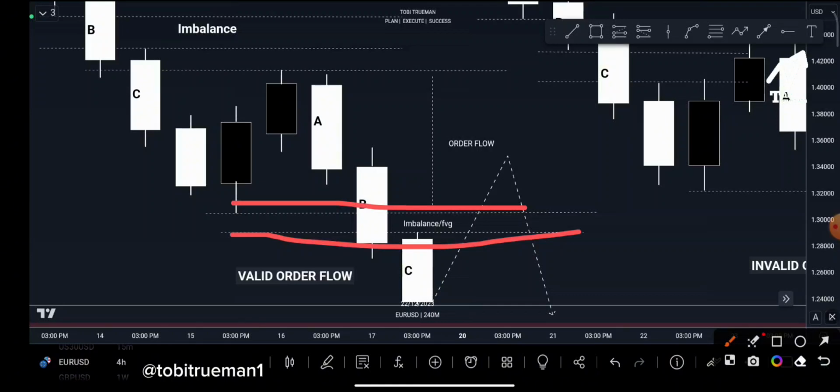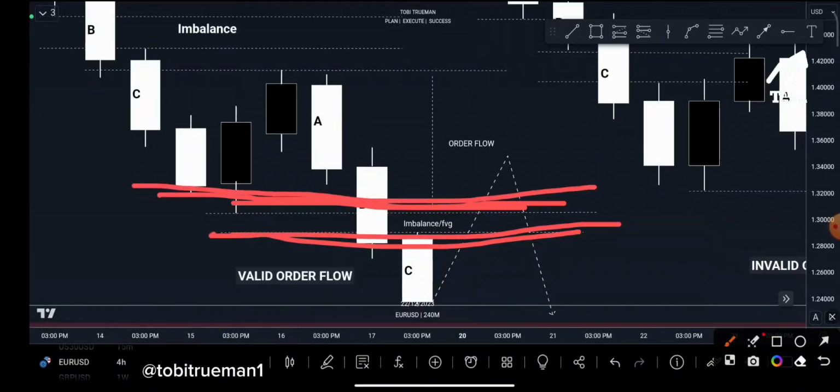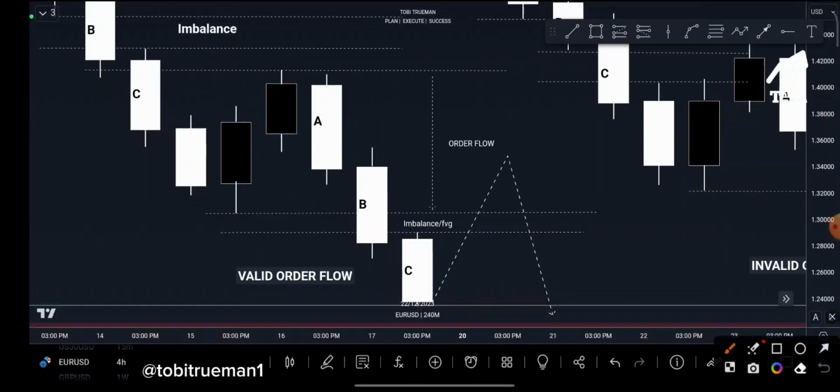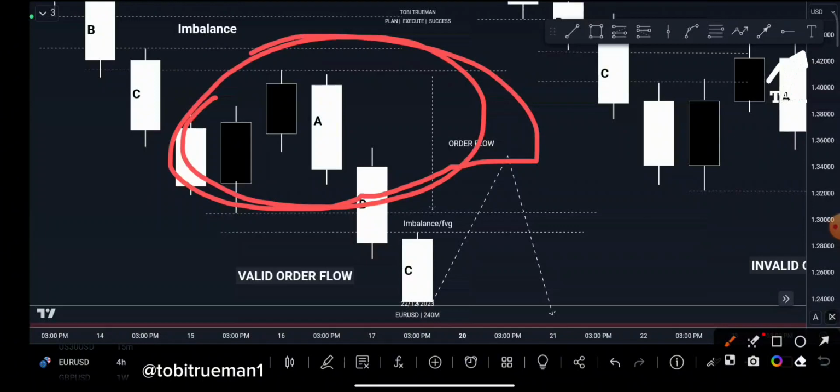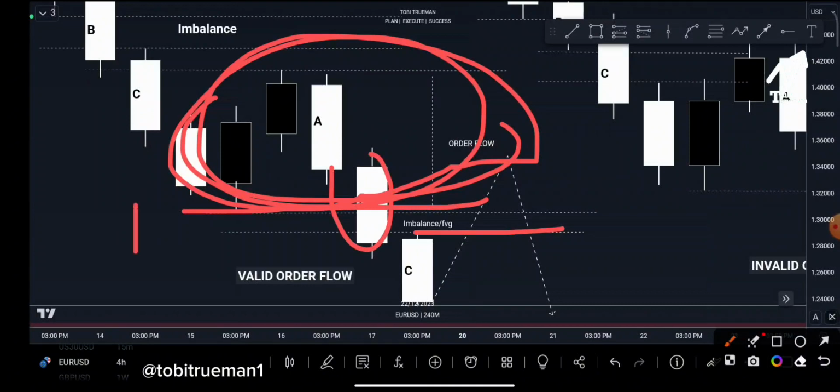So you can see there's an imbalance between candlestick B and candlestick C. When you make a straight line to the left from candlestick C's wick through the body of candlestick B, as you can see, there is an imbalance in between there, meaning that this full range is a valid order flow. Price has not mitigated this order flow already, because there's an imbalance between this candle that formed after the candlestick that broke the lower low.